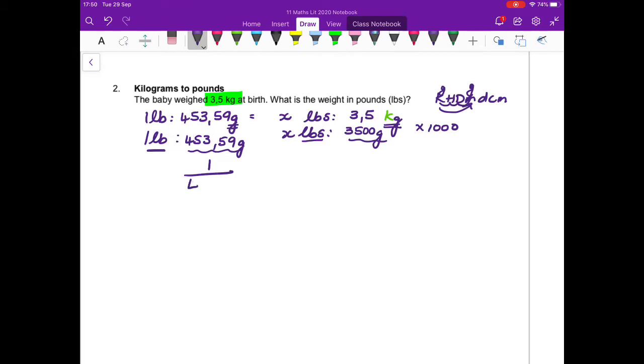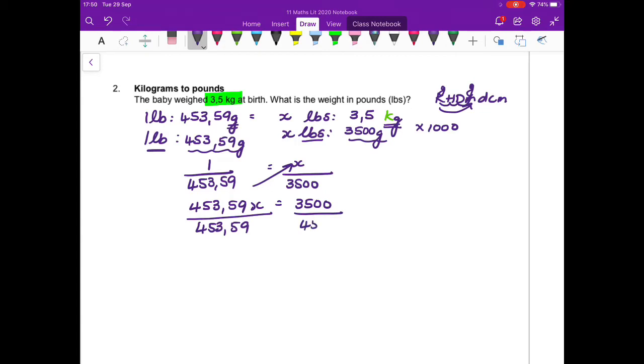1 over 453,59 equals x over 3,500. Multiply, so that will be 453,59 X equals 3,500. Divide by 453,59. Both sides you must divide by 453,59. So that will cancel.